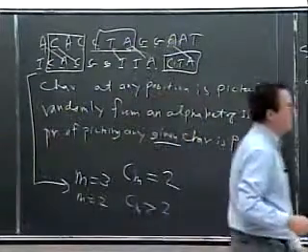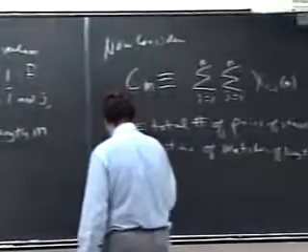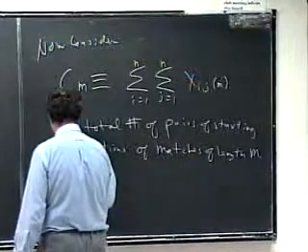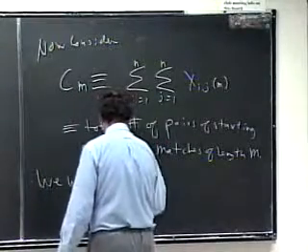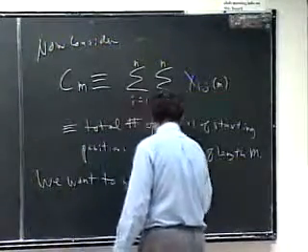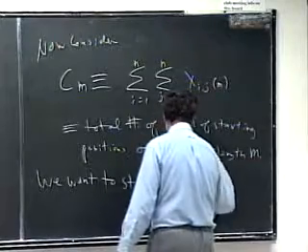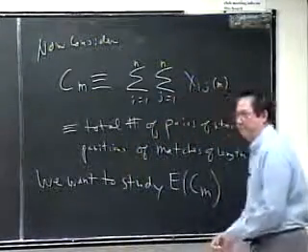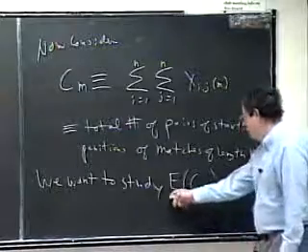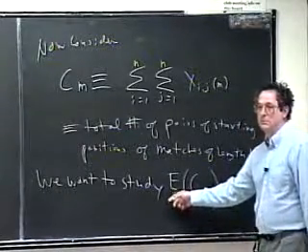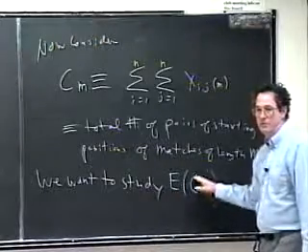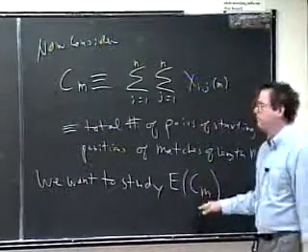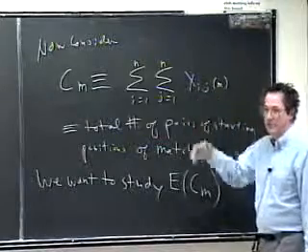At this point in the analysis, we want to study or understand E[C_m]. What is the expected value of C_m? What's the average if you took a lot of random sequences?